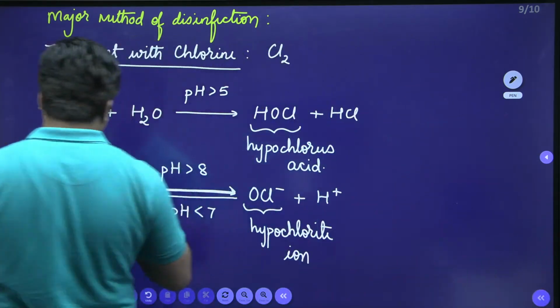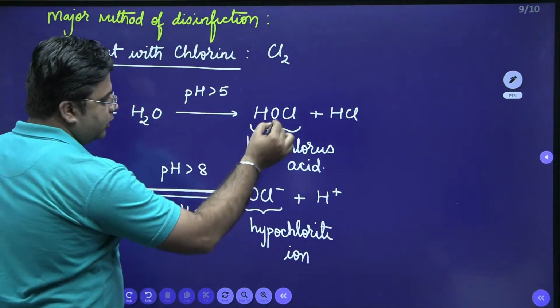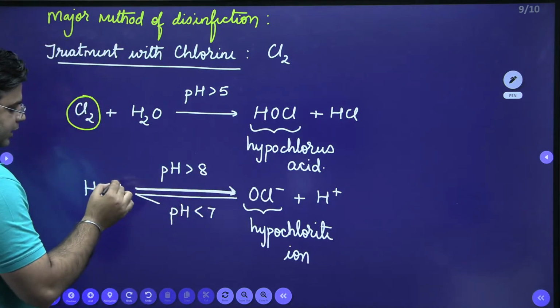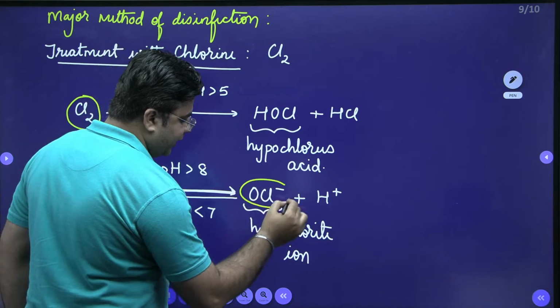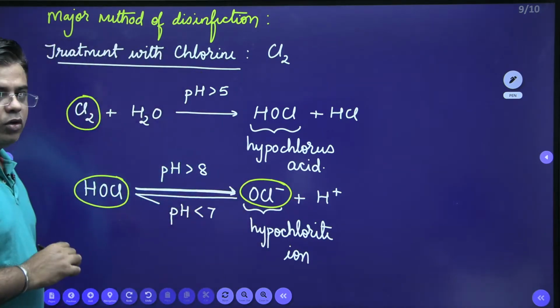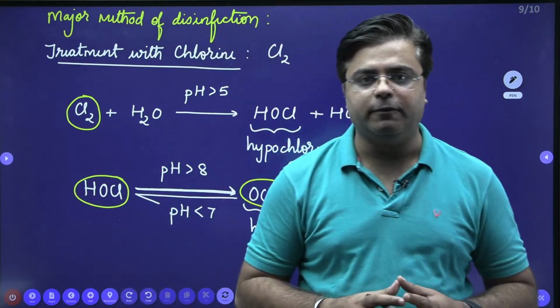Now when you observe this chlorine, Cl2, hypochlorous acid, HOCl, and hypochlorite ion, OCl minus, all these three compounds carry out the disinfection in water sample.